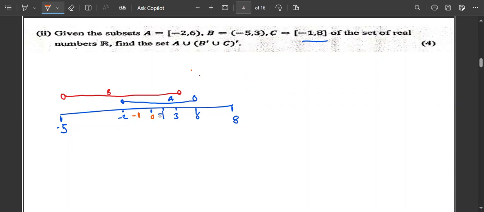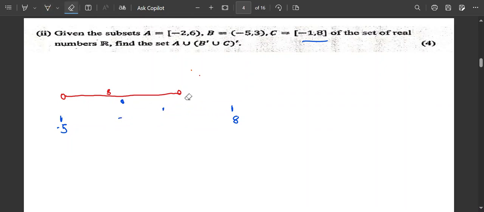This is 0. This should be 1. Yeah, let's pretend this is our 0, our 1. This is 1. Then let me light properly the number line. Okay.